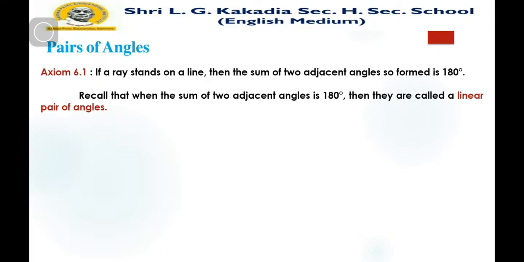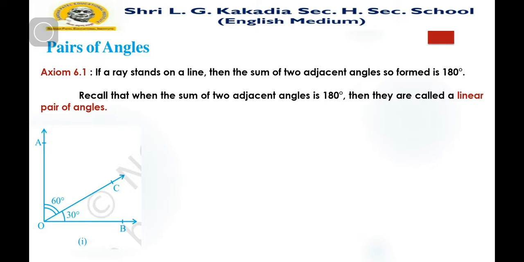If the non-common arms are on a line, then the sum of the two adjacent angles so formed is 180 degrees. And recall that when the sum of two adjacent angles is 180 degrees, they are called a linear pair of angles.